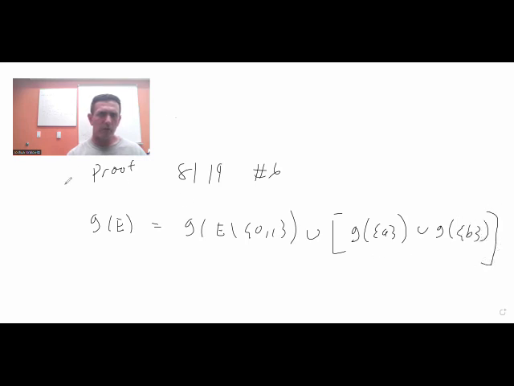Note that these are singletons. So in fact, this whole bracket here contains at most 2 elements. So it has measure 0, and might even contain just 1 element.